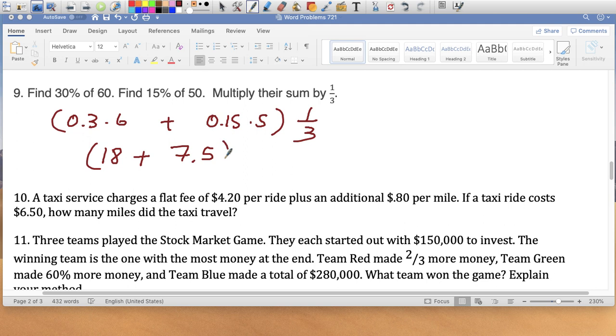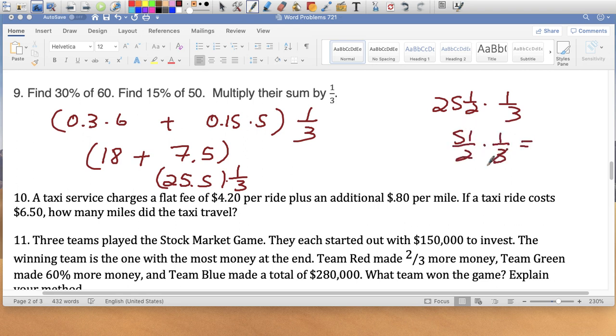And we're going to add these two, and that's going to give us 25.5, which you're going to multiply by 1/3. I don't know which way is better, so I'm going to change this to a fraction, right? So it's 25.5 times 1/3. That's 51 over 2 times 1/3. Divided by 3 is 17, so we get 17 over 2, or as a mixed number, 8.5.